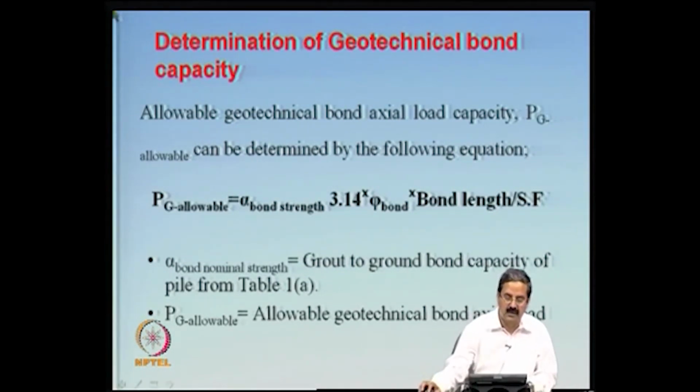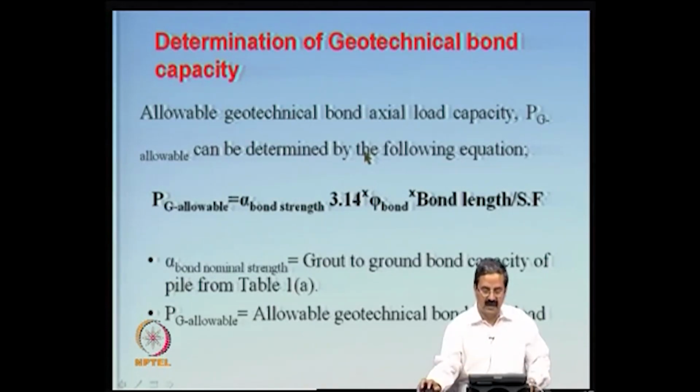Now, I will be talking about the design of the micropile as a pile, similar to what we use in the case of piles. Here what is important is that because of the grout, axial load carrying capacity is obtained.